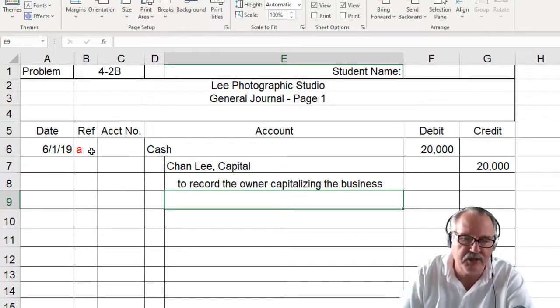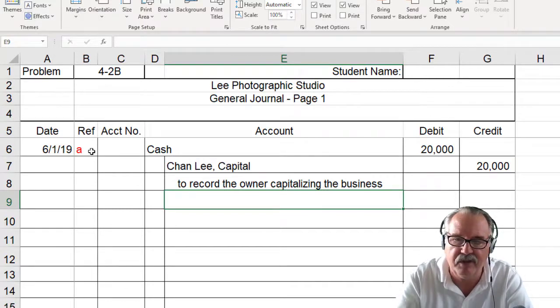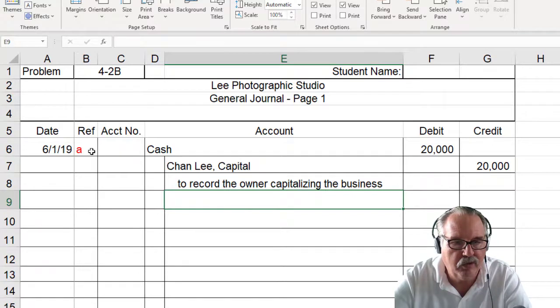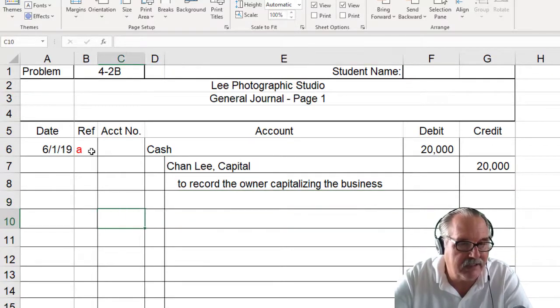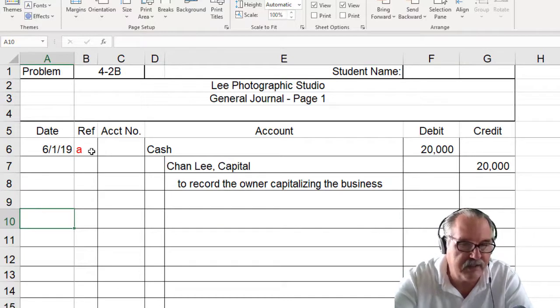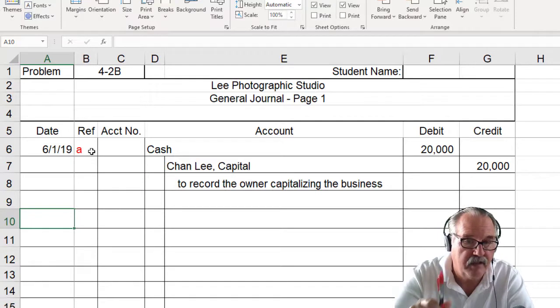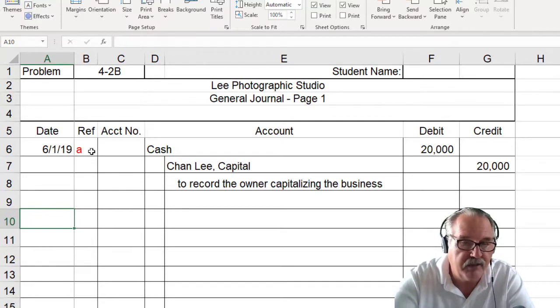Just a brief description. We don't have any calculations. We don't have any other information but this. So we will leave it at that. Now, I always like to skip a line just to put some white space in, and then we can record the next transaction. But notice a couple of things here.